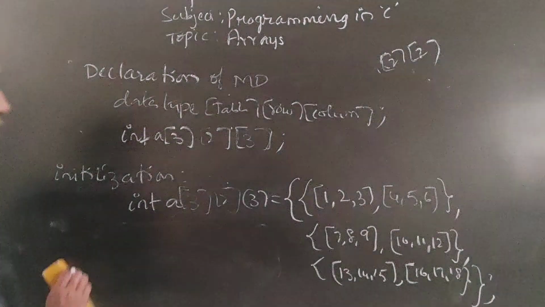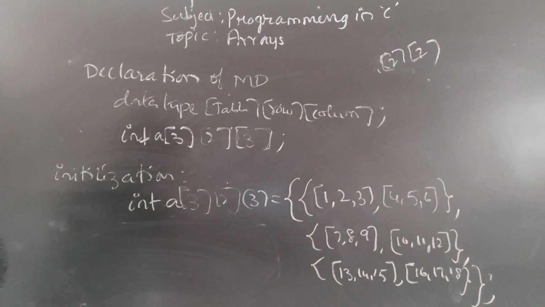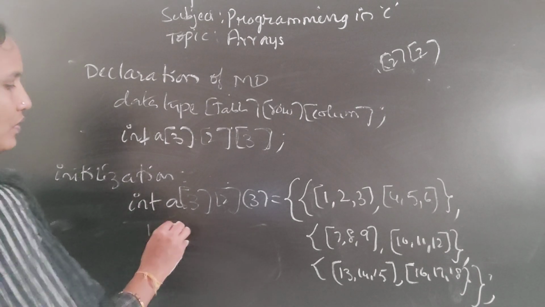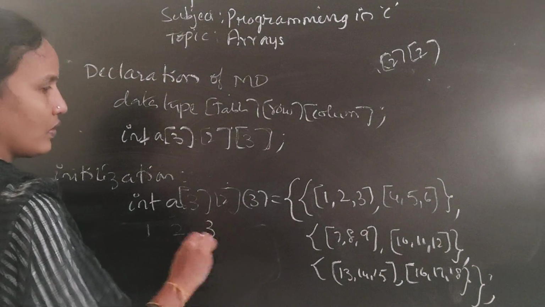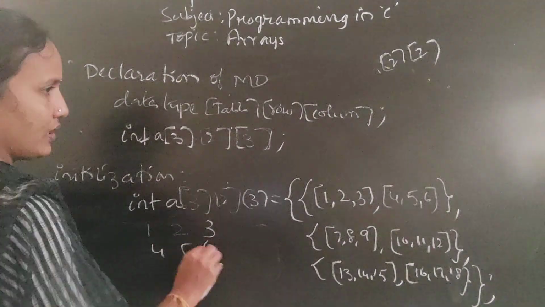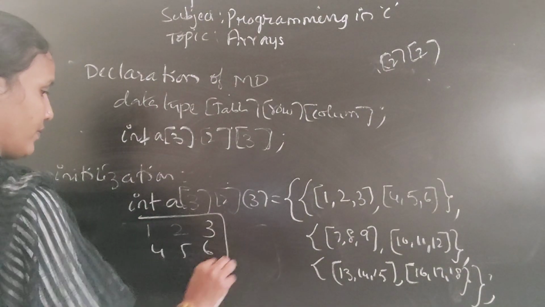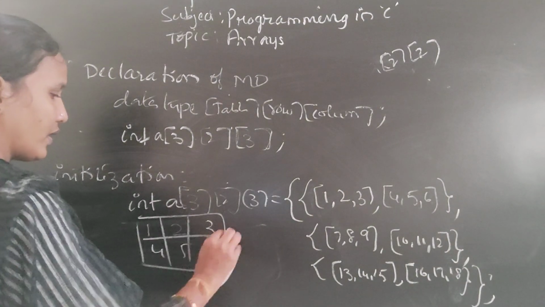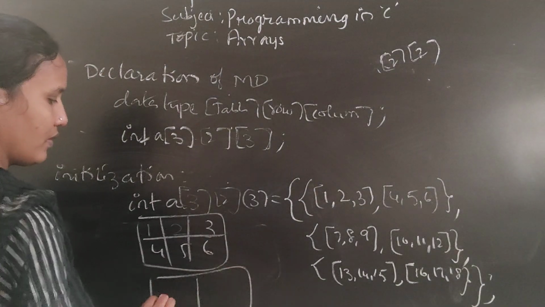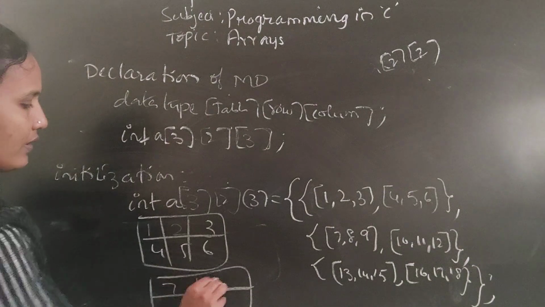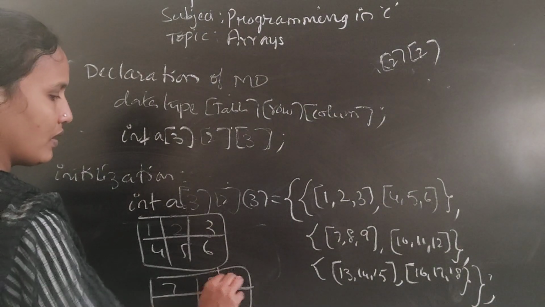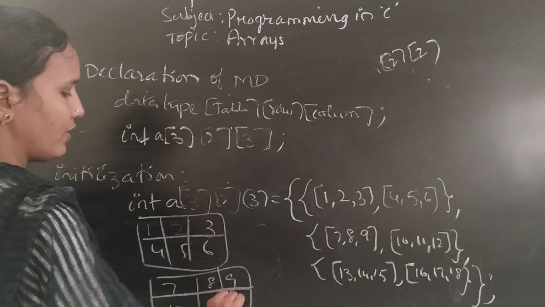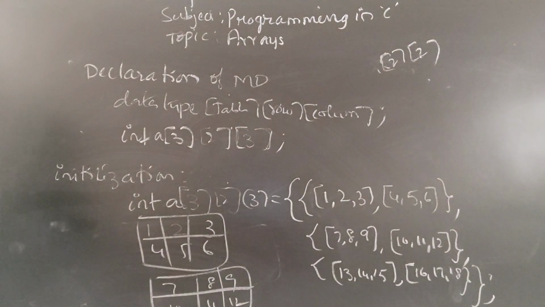It's 2 rows, 3 columns. 4, 5, 6, first table. Second table is 7, 8, 9, 10, 11, 12. Okay. You need to give the row structure.